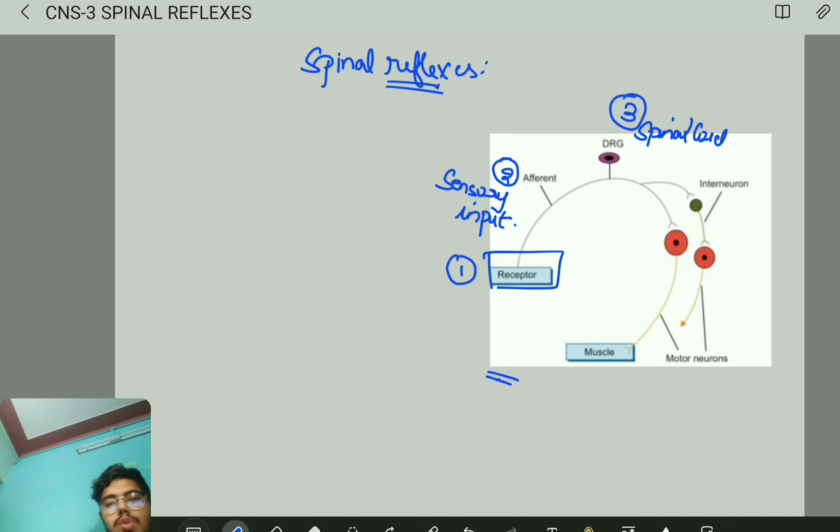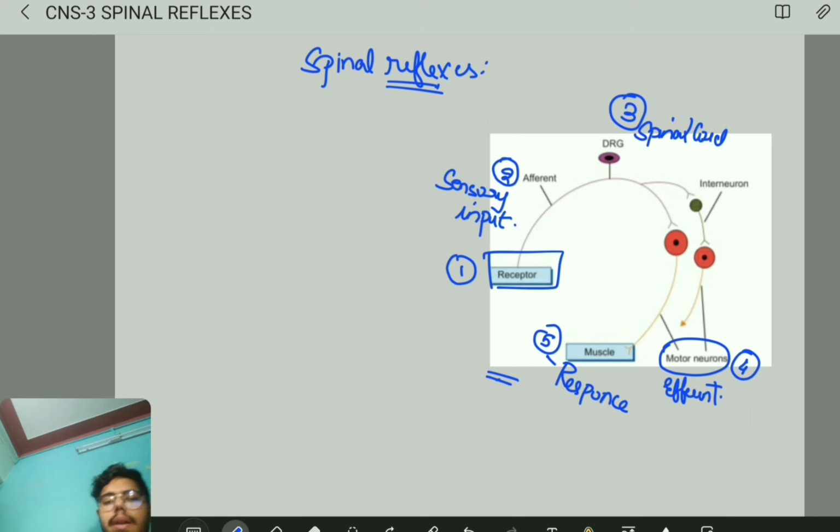The fourth one is your, which one? This motor output or efferent. That is your fourth one. Fifth one is your response. What response you are going to give?